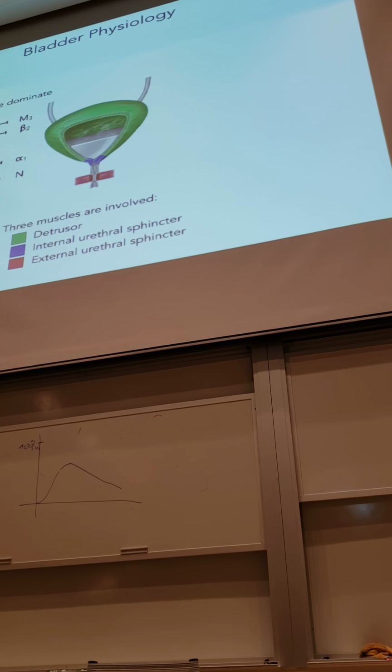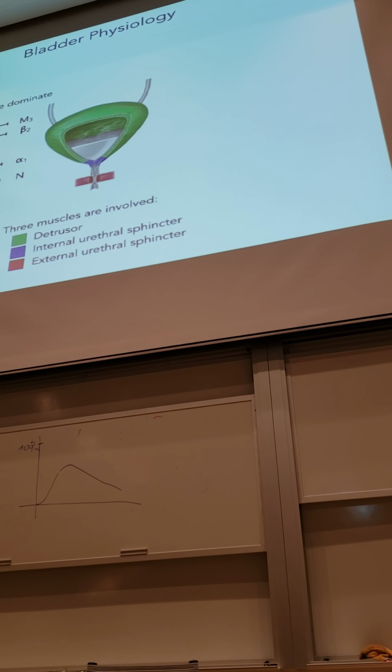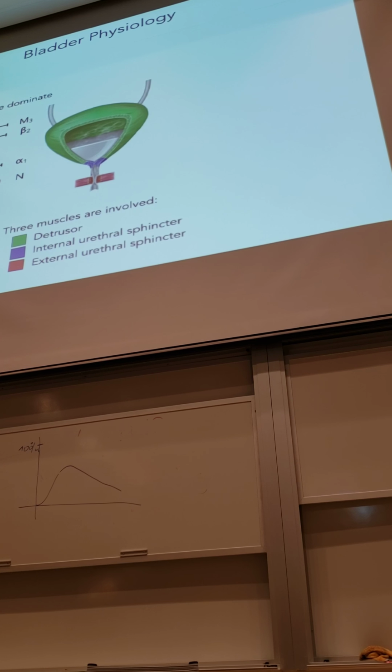There's also an alpha receptor. What do alpha receptors tell muscles to do? Constrict. Those are found at the internal sphincter. And there's also somatic tone, that is body wall musculature, like your external urethral sphincter. What happens when we stimulate skeletal muscles?